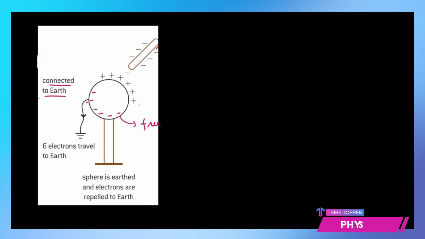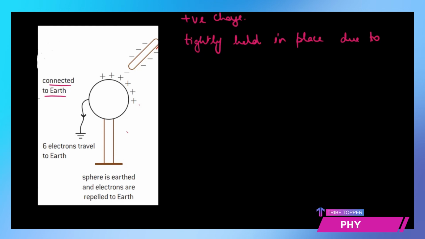Now you only have the positive charge left here, but it is still tightly held in place by the negative rod and cannot go anywhere. But the electrons were free, so they moved to the earth.